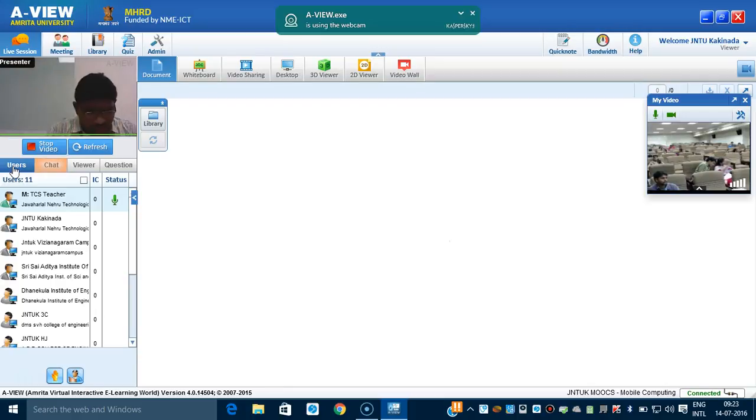Now we will see what components are present in the mobile IP network, and then we will get a clear picture. Mainly, mobile IP has three components.